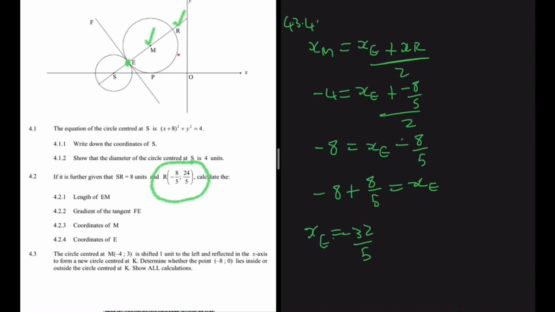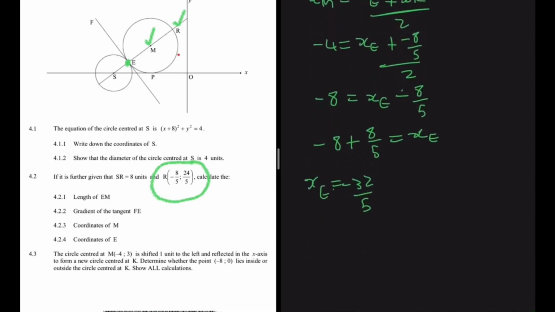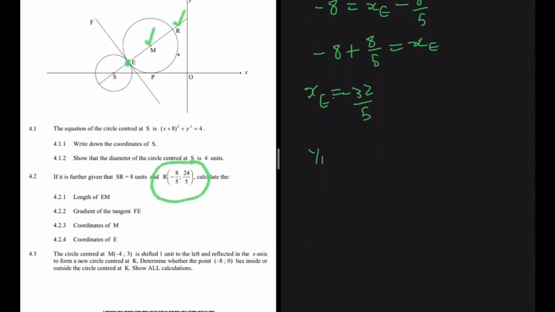Now we can move our attention to y of E. We are applying the same idea. We say that y of M will be equal to y of E plus y of R divided by 2. Y of M, that is 3, right? We have already established that. Then y of E plus y of R, which is 24 divided by 5, everything divided by 2.